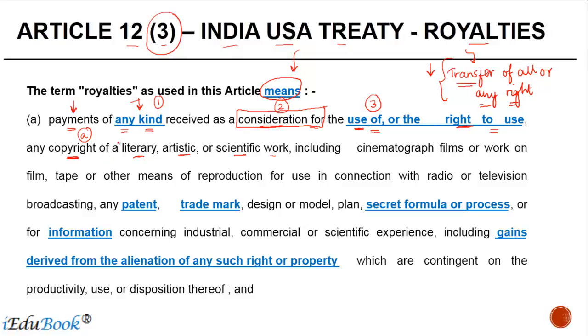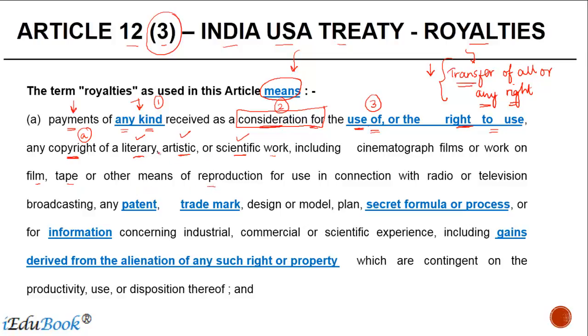If you are transferring a copyright, that per se is not covered within what we have discussed until now. The copyright could be of literary, artistic or scientific work, including cinematographic films or work on film, tape, or other means of reproduction.